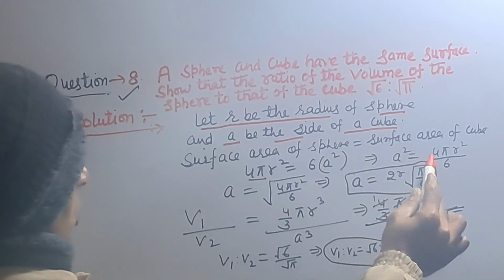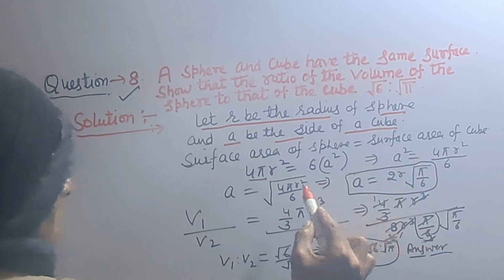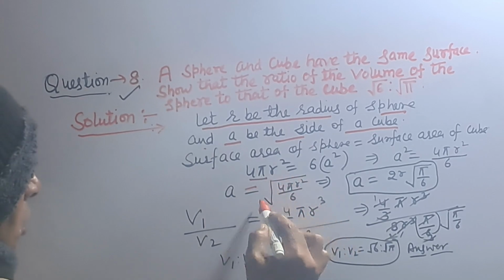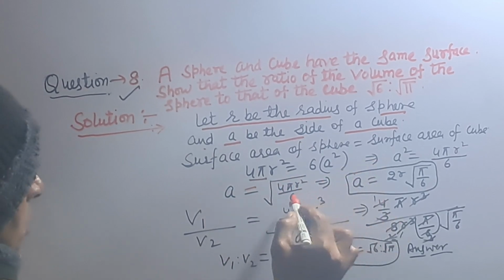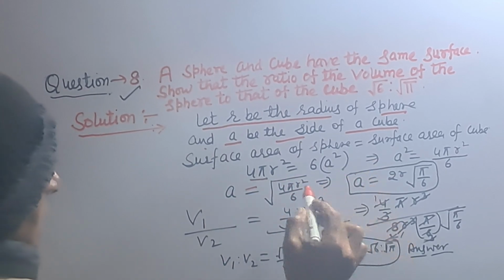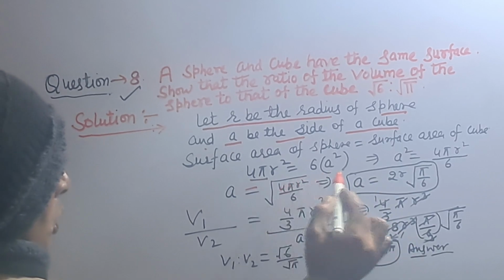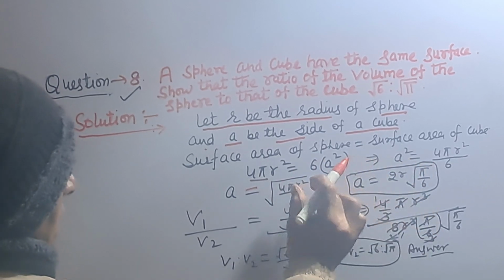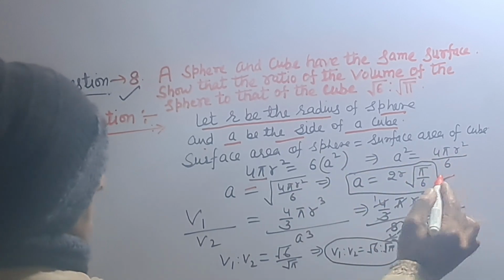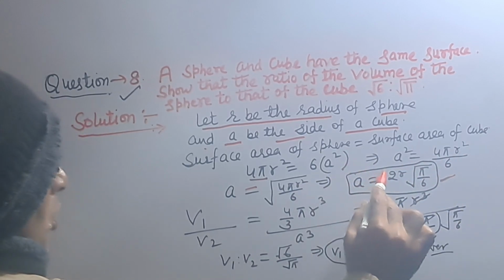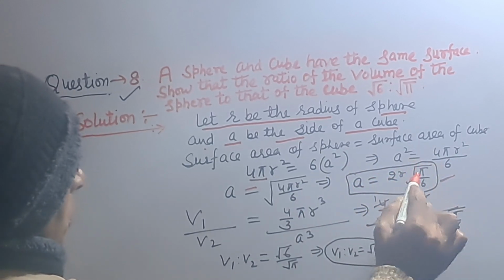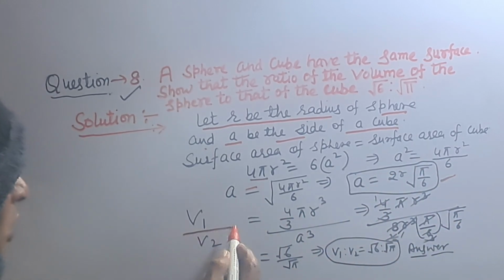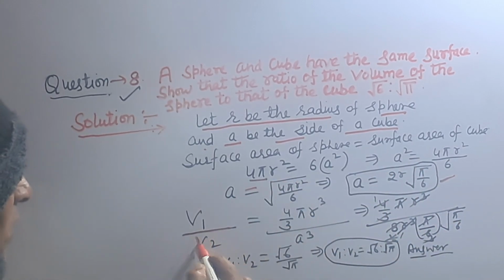A square equal to 4 pi r square upon 6 and A is equal to under root 4 pi r square divided by 6, that is equal to root 4, that is 2, r square taking common r and in bracket pi upon 6. A is equal to 2r root pi upon 6.